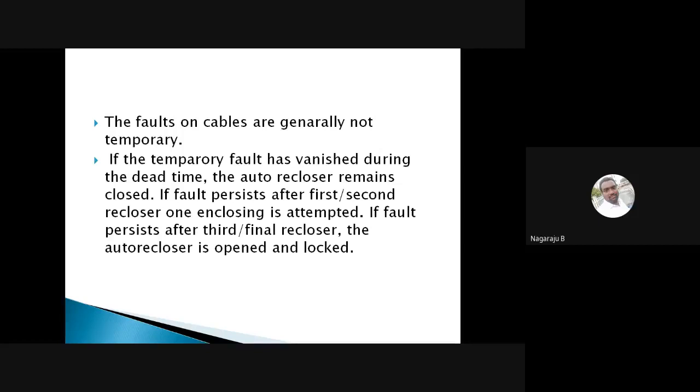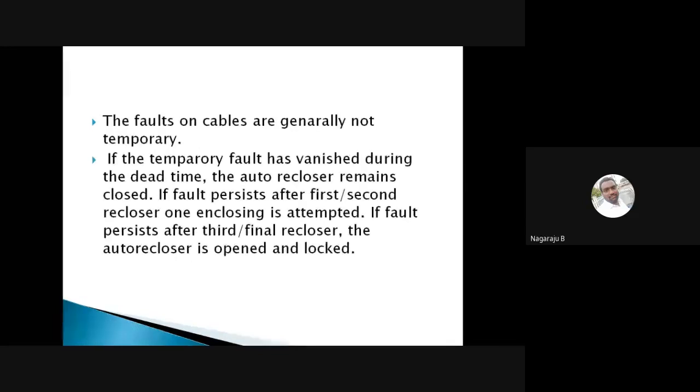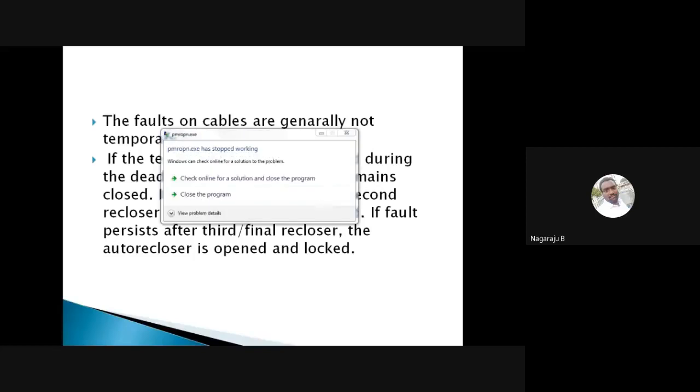Whenever you have a delta connected primary circuit at the sending end side, you need to have two more single phase reclosers to convert this star to delta conversion.